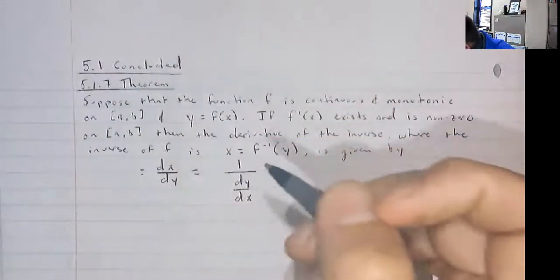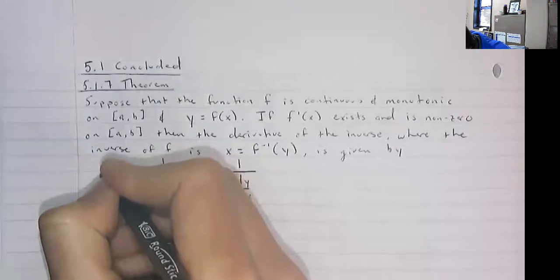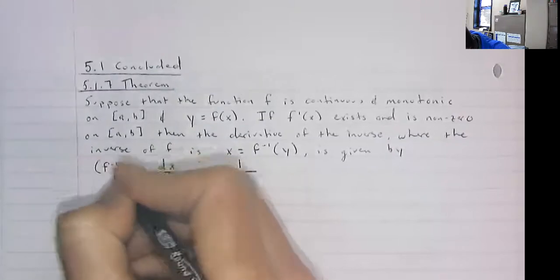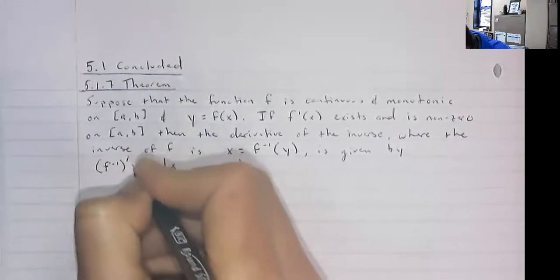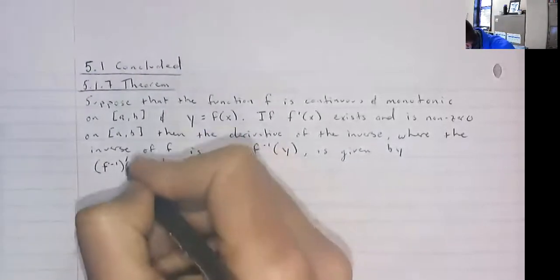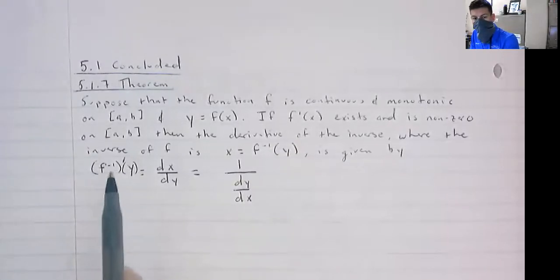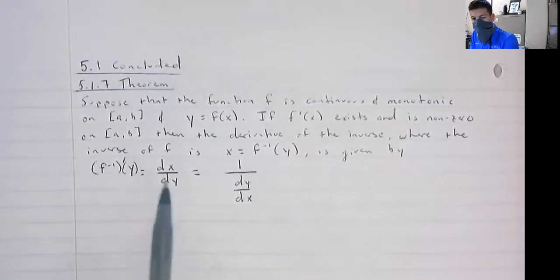So this is going to make us kind of uncomfortable, but we're going to call this f inverse prime of y. So the derivative of the inverse with respect to y, dx/dy.